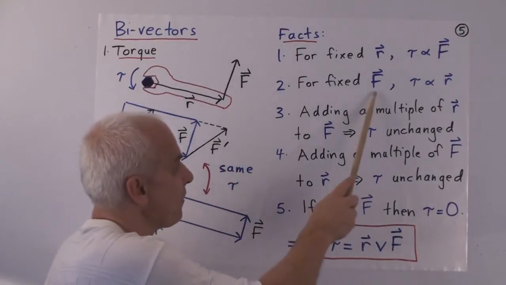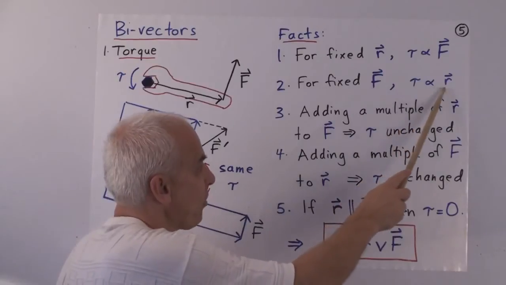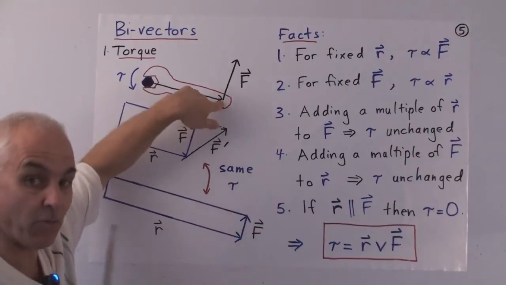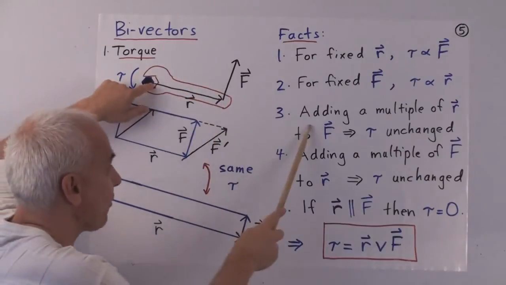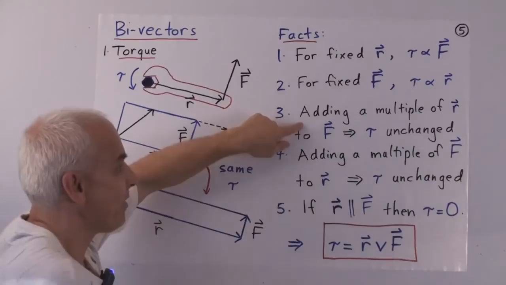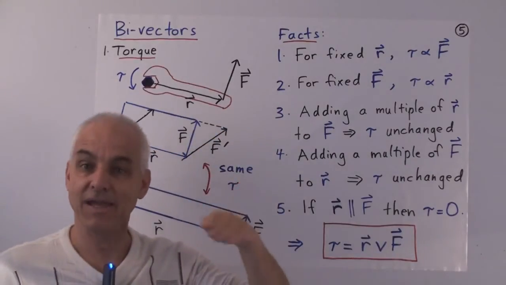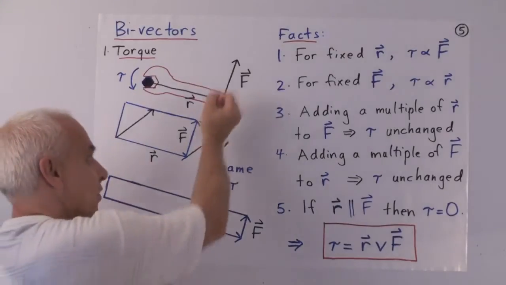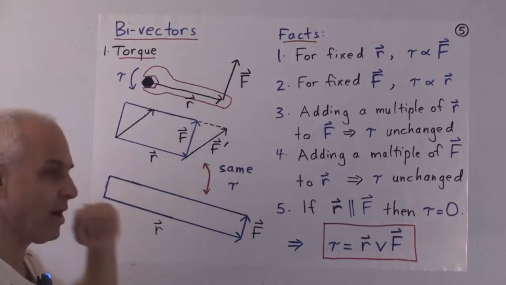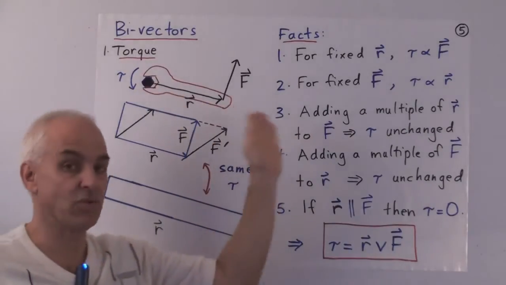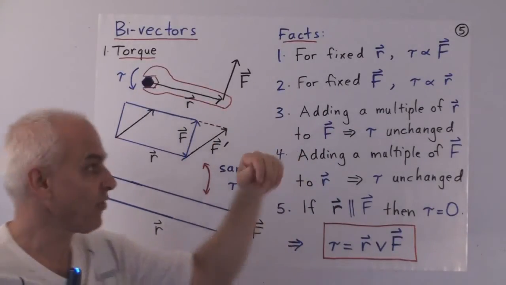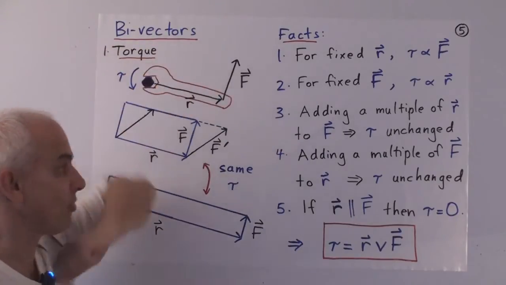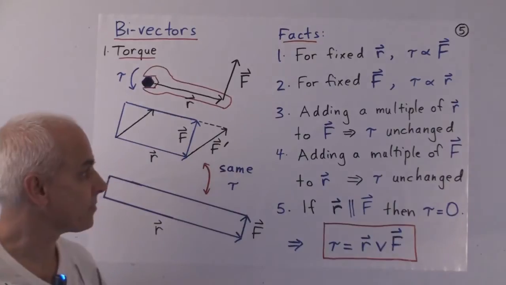The second fact is that for a fixed F, the torque is proportional to R. So if we have a fixed amount of force that we're able to apply, and we double the radius, then the amount of torque that we're applying is twice as much. So that means that even someone who's not as strong can still undo a tight bolt if they have a wrench which is long enough. So the torque is proportional both to the force and to this radius R.